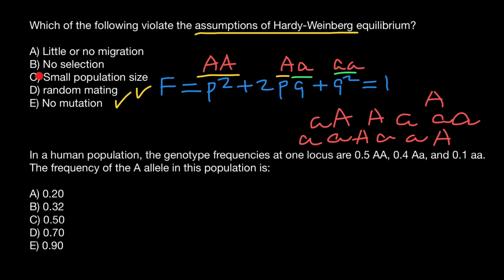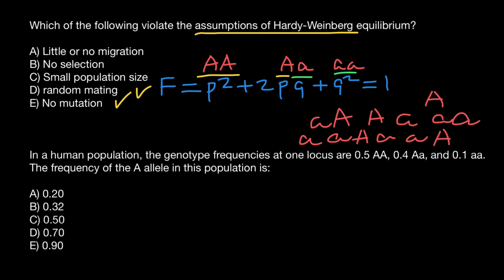Let me skip variant C for now. Variant B, no selection. Just like non-random mating, selection leads to a shift in allelic frequencies. If we select, let's say, animals or plants for a certain trait, then the frequency of the allele that specifies this trait would increase, and the frequency of the other allele would decrease, and we are not going to see stable frequency of the three genotypes over the generations.